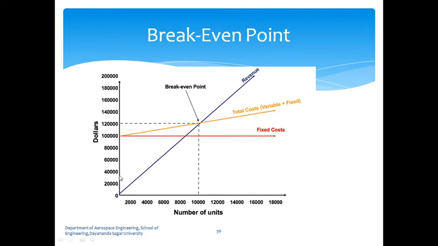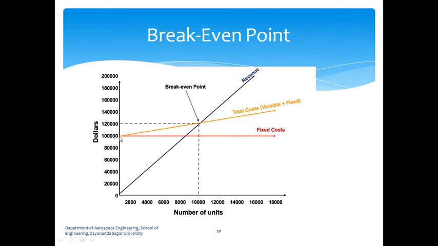So fixed cost, as the name says, doesn't change with the number of units. The cost is the same with 0 or 2000 units. Let us take this as the production, the number of units you are producing. This cost doesn't change; this is the fixed cost. And variable cost will change obviously as the quantity you are manufacturing changes.